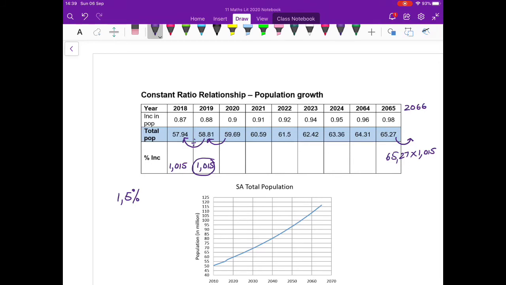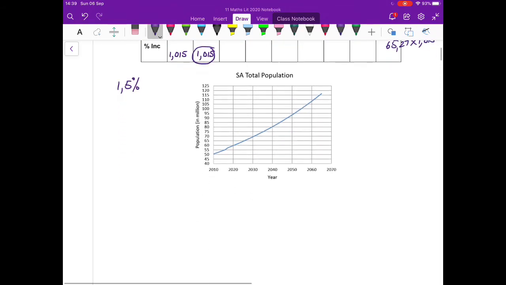So when we are increasing by a percentage, we have a constant ratio relationship, and this is what the graph would look like. Now, if you had to extend it further, you would see that the further you go, the more exaggerated the graph would become, and that shows exponential growth.